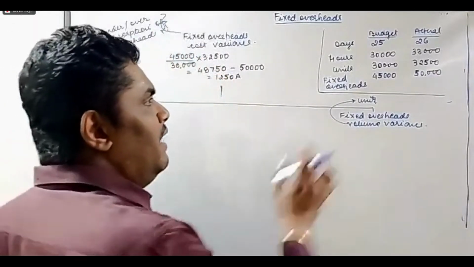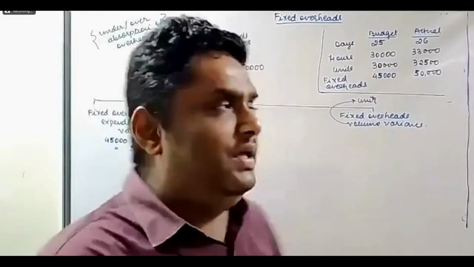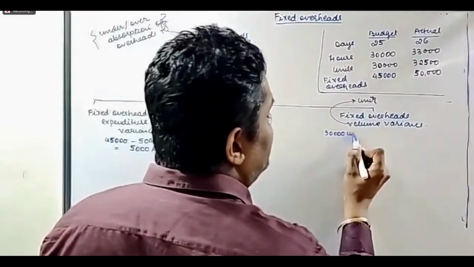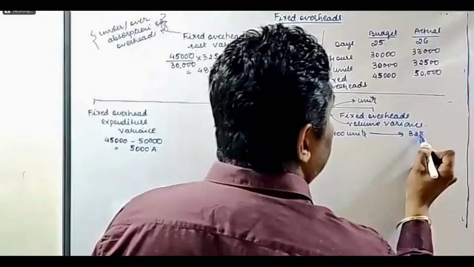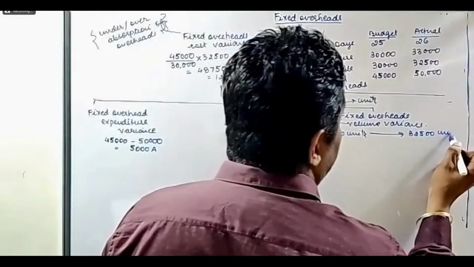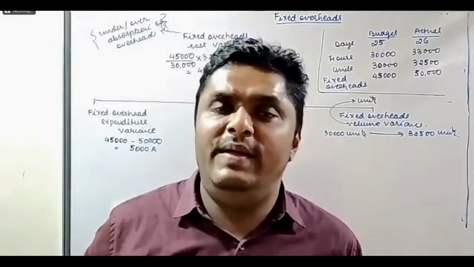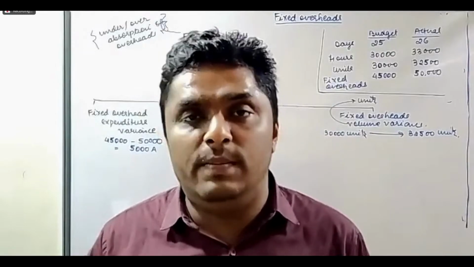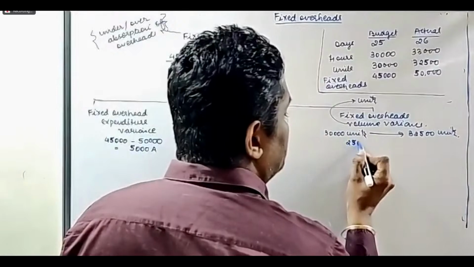So herein, I targeted a production of 30,000 units only. However, my actual production was 32,500 units. I set up a target that I'll manufacture 30,000 units. However, my actual production exceeds my budgeted production by 2,500 units.